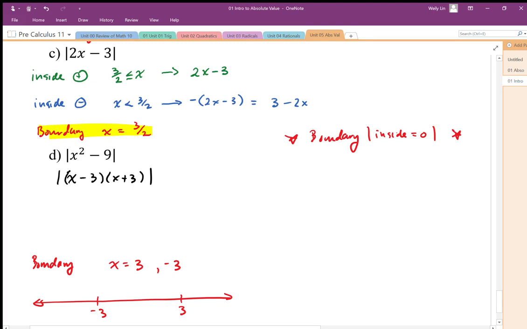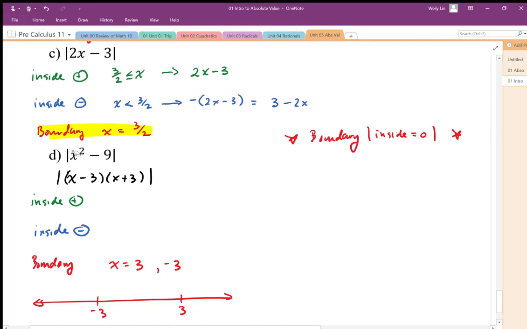Now the only options really are positive and negative. So we're going to have our 2 parts for our domain restriction. We're still only going to work with inside being positive and inside being negative. So we can do a check here. When is this inside going to be negative? Is it going to be negative when x is out here, in here, or out here?